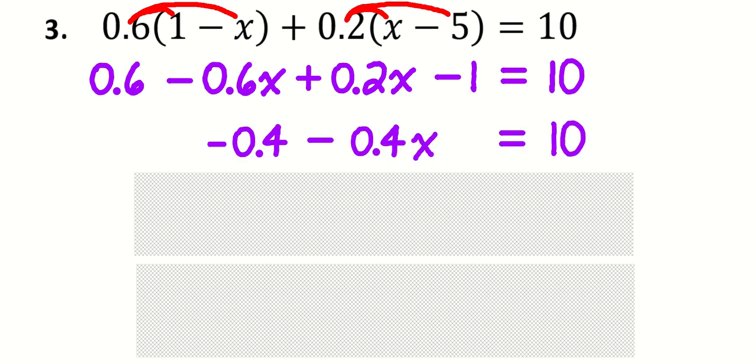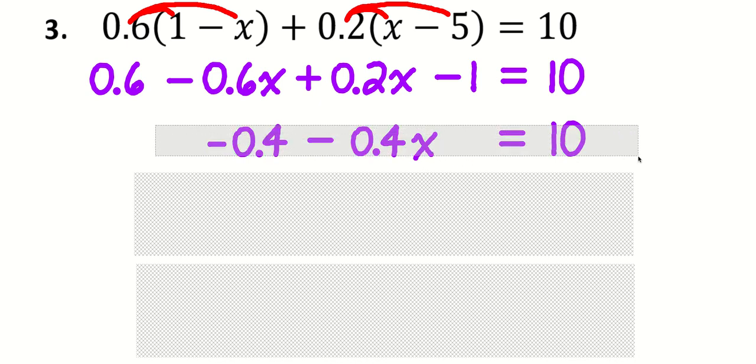Those two pairs of terms can just combine as is. So 0.6 minus 1 is this, and then negative 0.6x plus 0.2x is negative 0.4x. Use a calculator to get those answers if you have to.